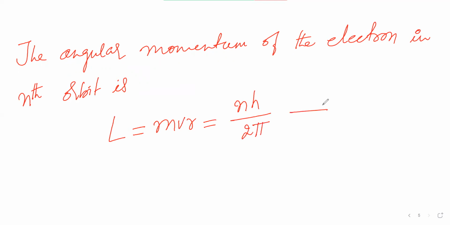We'll call it the fourth equation. Here n is any orbit number and h is Planck's constant. Let me take n equals 1, 2, 3, and so on, the orbit number.